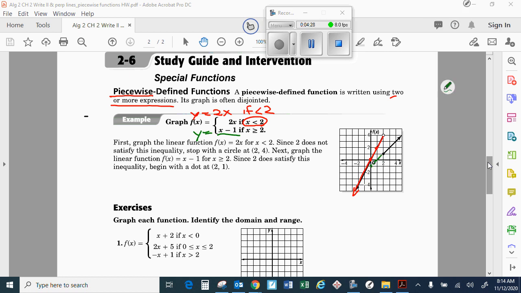I graph that line. It'll look like this. But again, we're only graphing that if x is greater than or equal to 2. So I cut it off to the left of 2. It's a closed circle at 2 because it includes 2. And then it's that ray going on forever. So that's what your answers should look like.